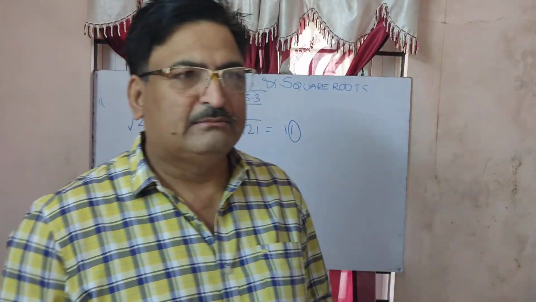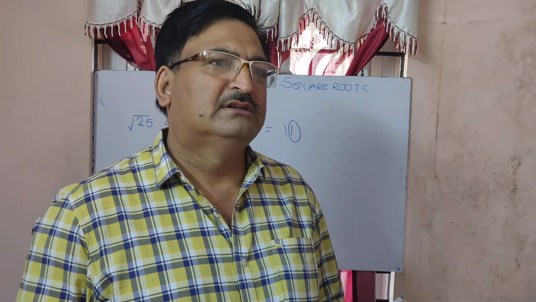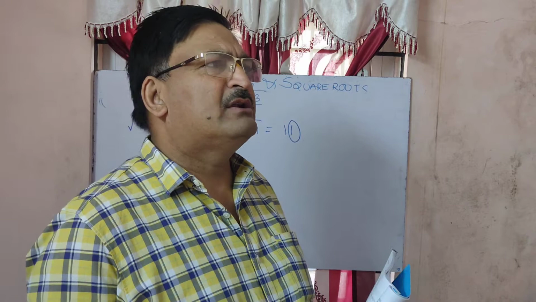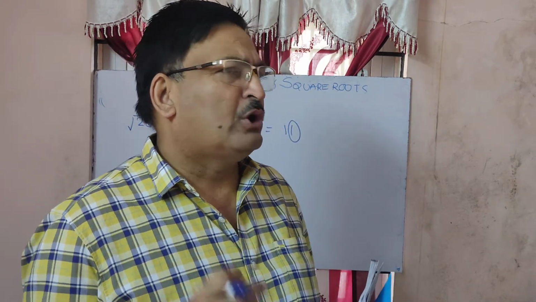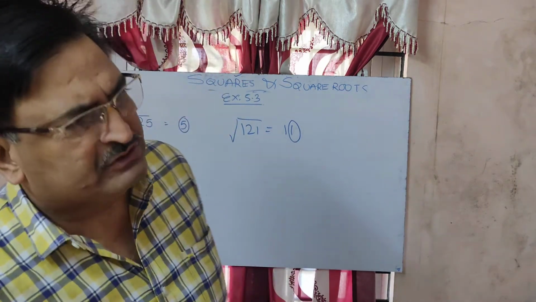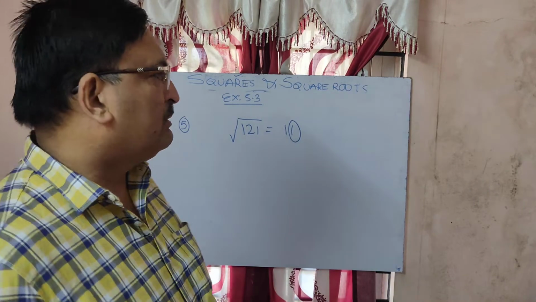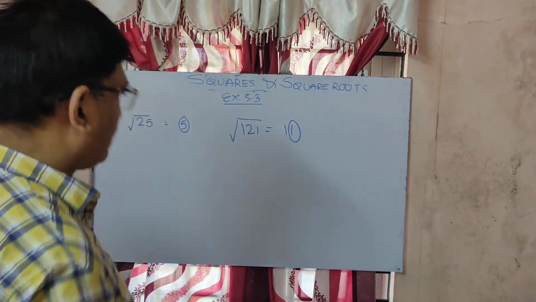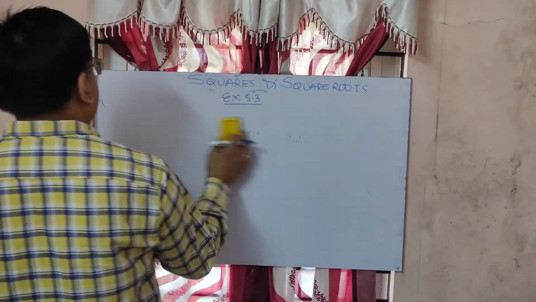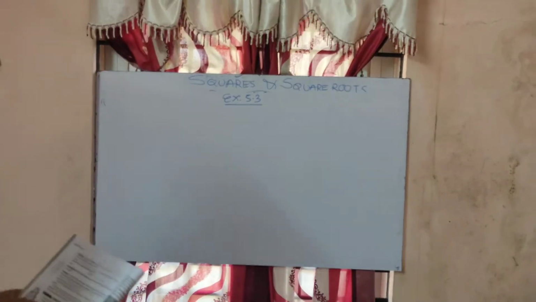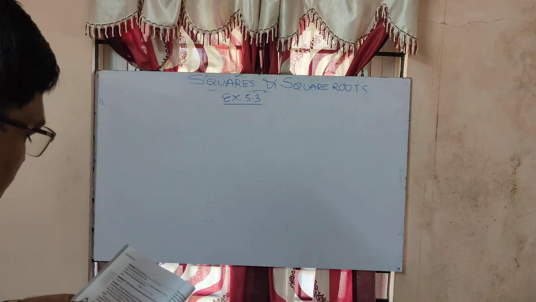Now they have given the squares of the numbers, and you have to find the square root of these numbers, and by looking at the number you have to tell what could be the unit digit. I already told you the properties of squares and square roots. According to those properties, you have to tell what could be the possible ones digit of the square root.